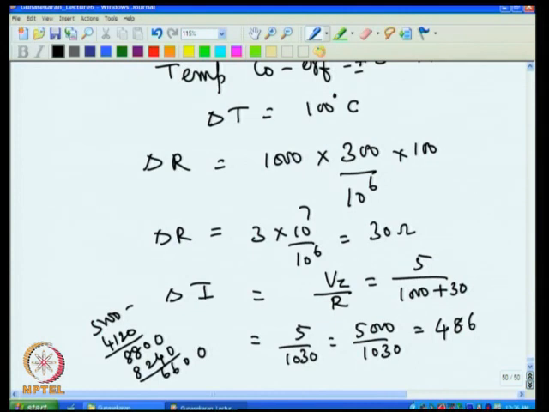So it becomes 4.86 milliampere. So the 5 milliampere current had actually become 4.86 milliampere at high temperature.